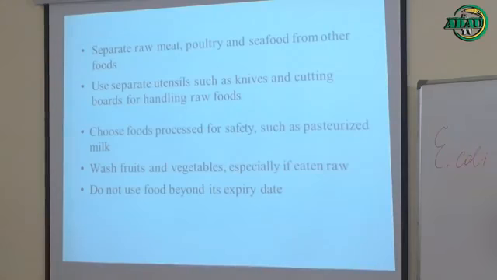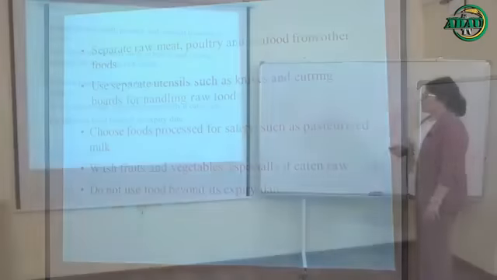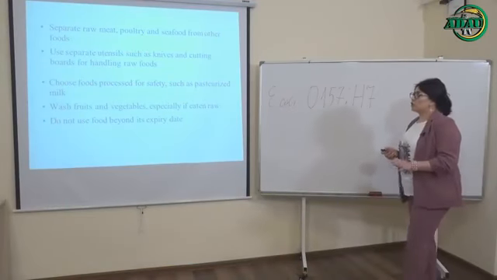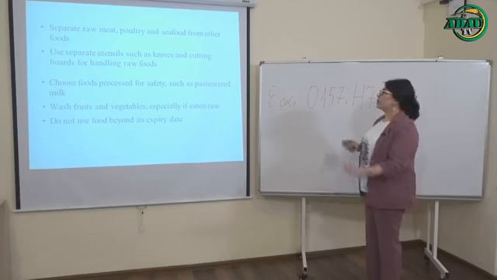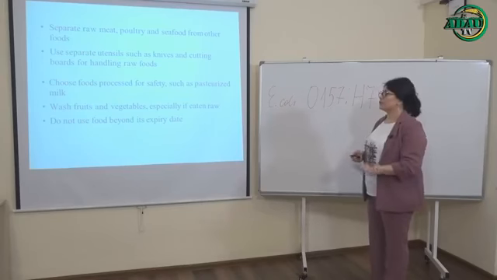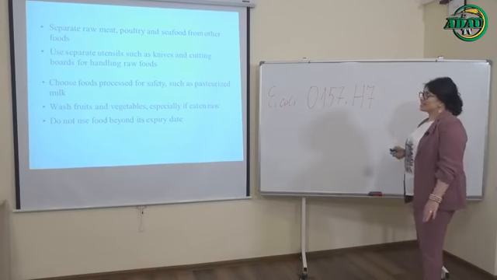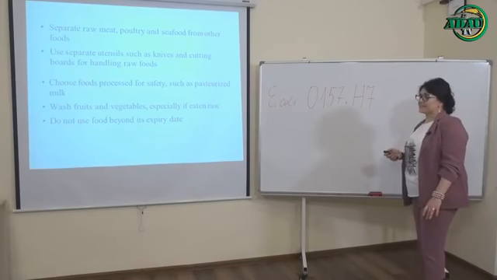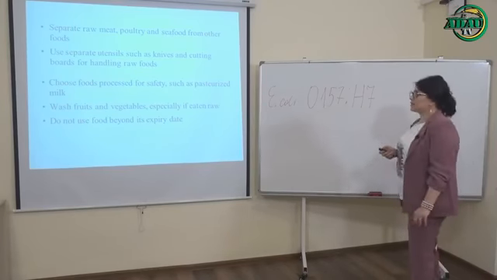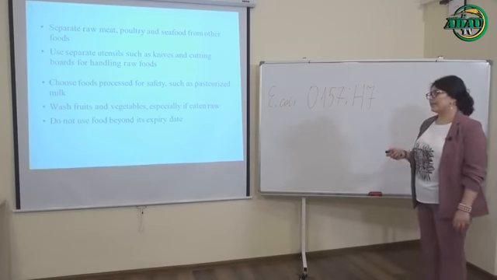So separate raw meat, poultry and seafood from other foods. It means that you have to keep raw meat, poultry and seafood separately from each other and from the other foods. Use separate utensils such as knives and cutting boards for handling raw foods.